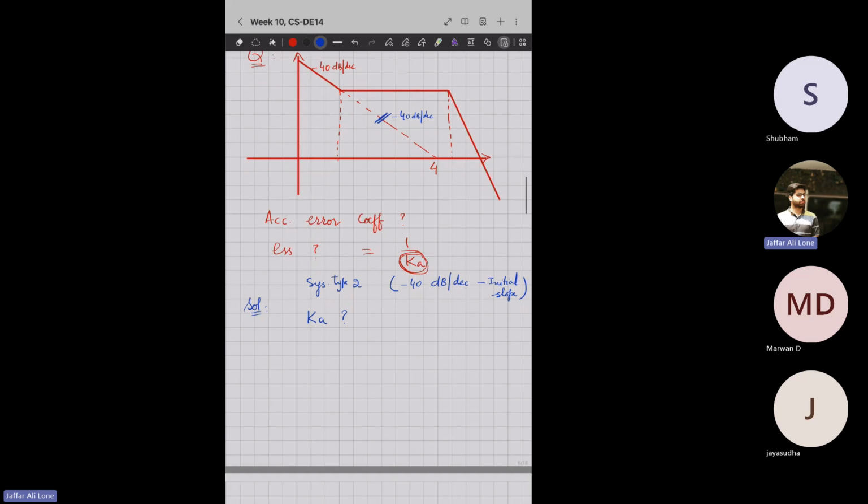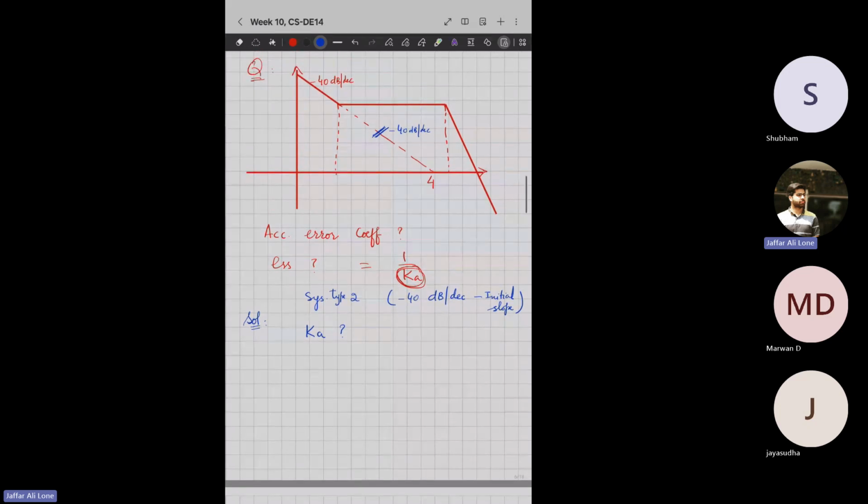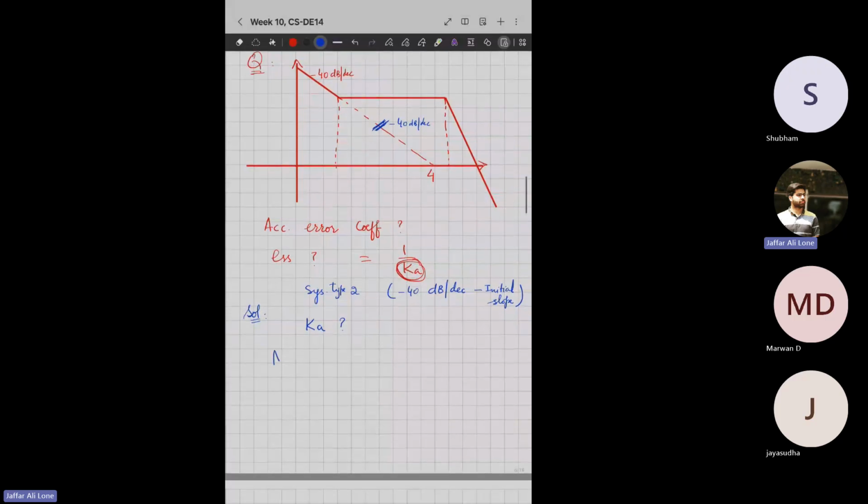Okay, let me solve this. I'll make use of this dashed line in the question. See, what I told you, this magnitude is given by plus or minus 20 times r log of omega plus 20 log of k. If you see this point, this is frequency.